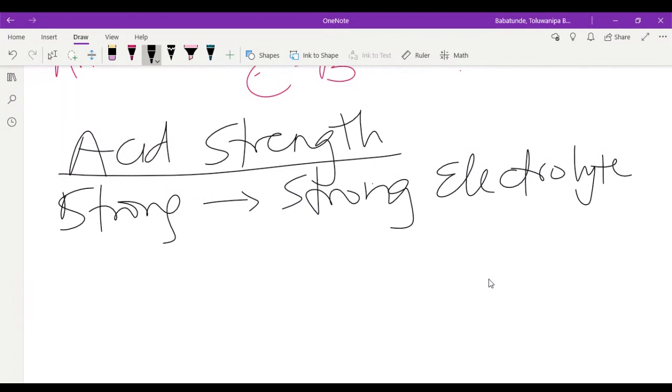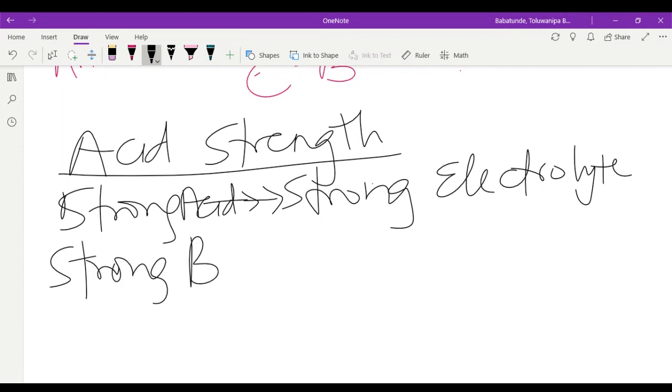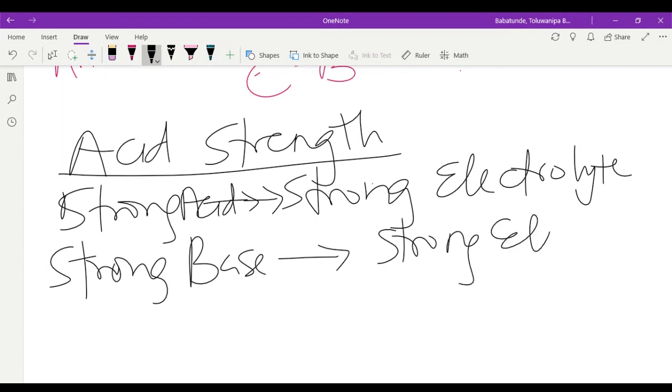So we say they are strong electrolytes. The same way, a strong base will of course automatically be a strong electrolyte as expected, because practically all the base molecules, from hydroxide ion either through dissociation or reaction with water, are going to ionize. So we should expect that.